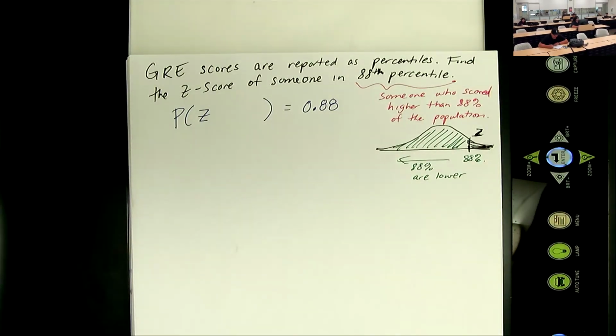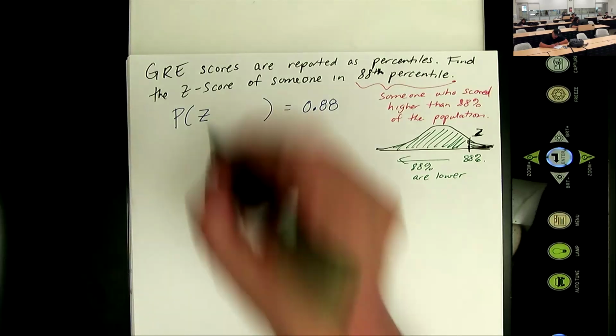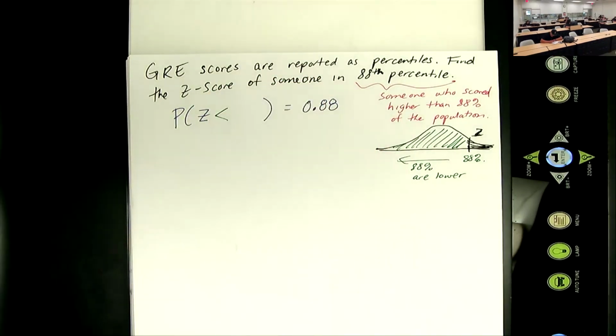So there's two ways to look at it. From the person that got it, you're higher than 88%. Another way to look at it is 88% of the population scored lower. It just depends on which perspective you're looking for. So we're going to go for lower than.